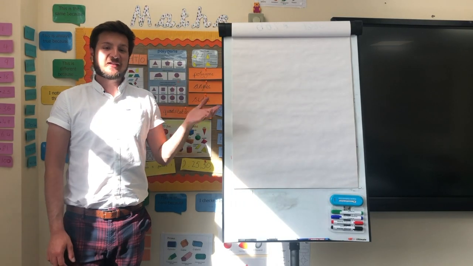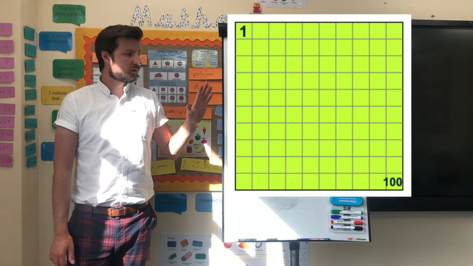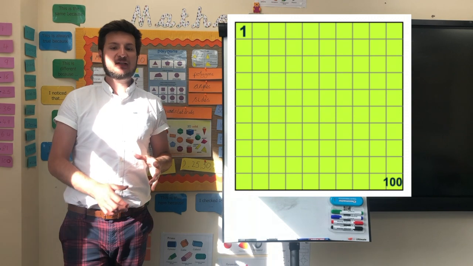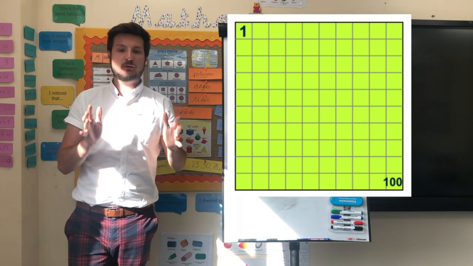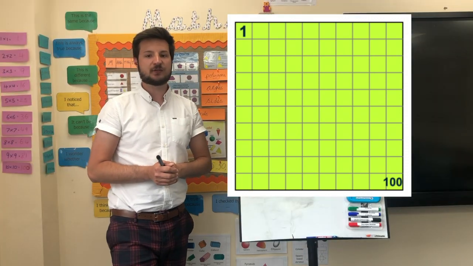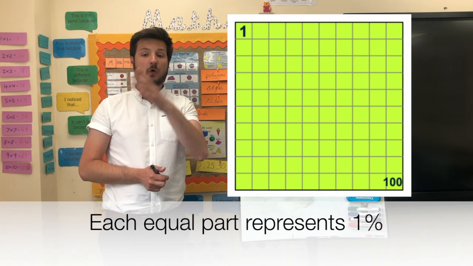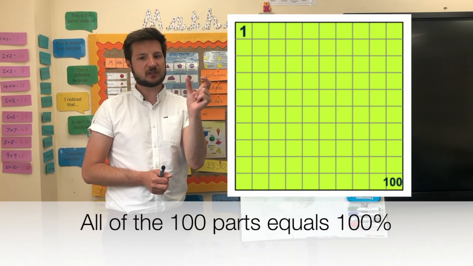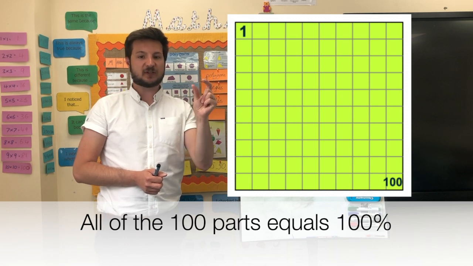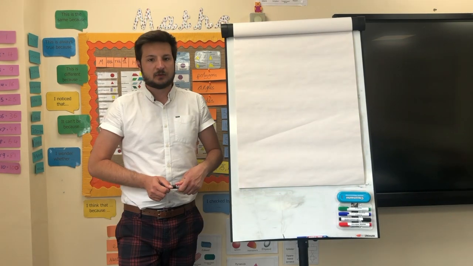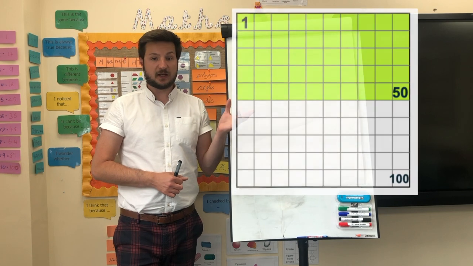Take a look at this square. You can see that it has been split into 100 equal parts. Each of those parts represents 1%. If we had all of those parts, each of those little squares that represents 1%, we would have 100%. So now have a look at this square.